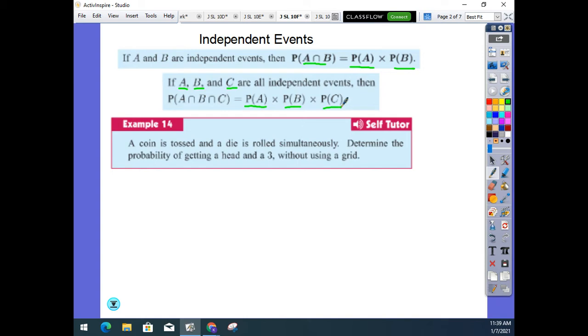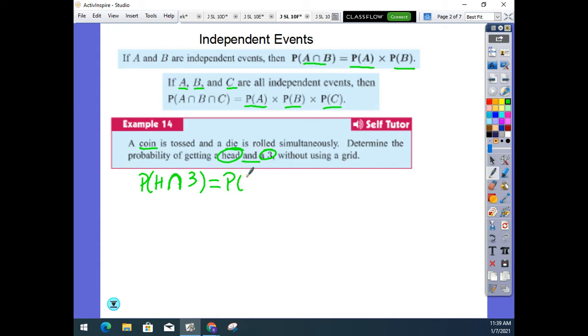So a coin is tossed and a die is rolled simultaneously. What you flip on your coin has no bearing on what you roll on the die. Determine the probability without using a grid. We want the probability of head and 3. Remember, the intersect is the symbol for and.